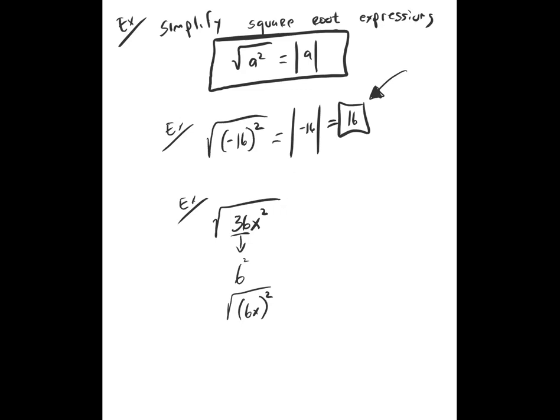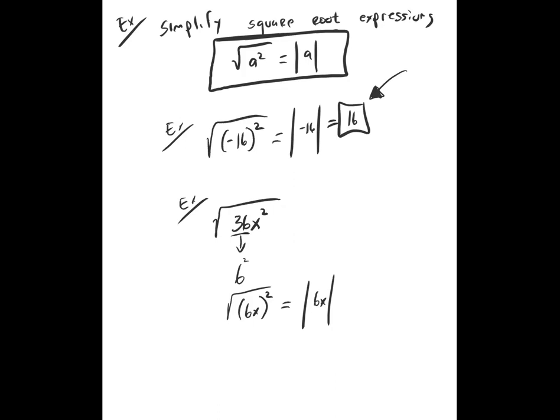Now it looks like our rule, and we can say, well, then this just equals the absolute value of 6x. But we're not done here, right?